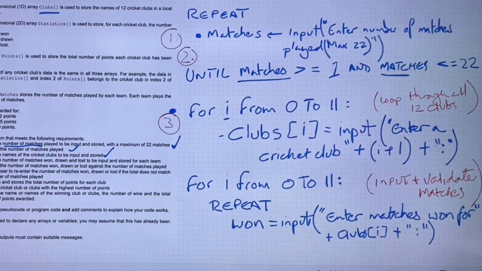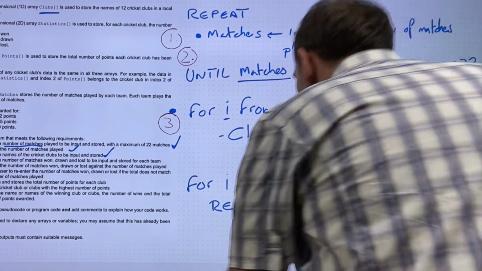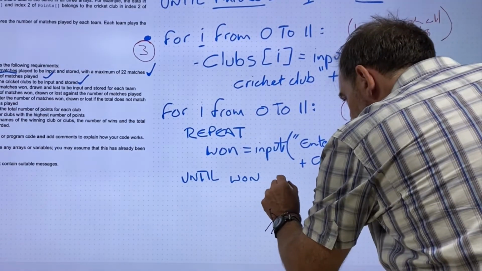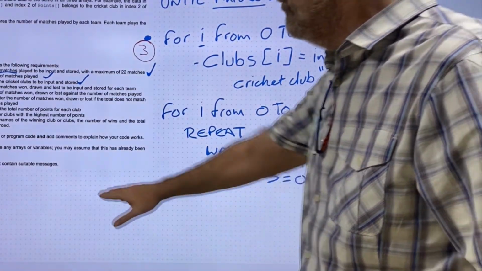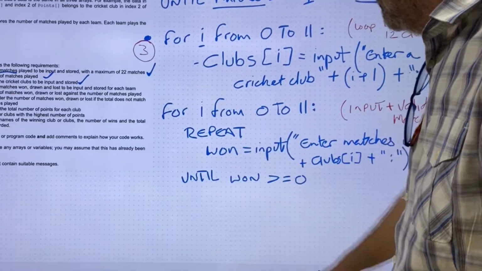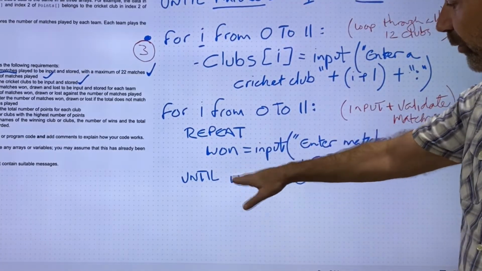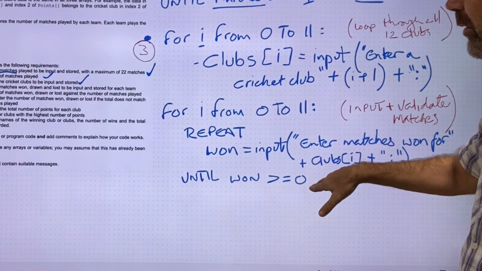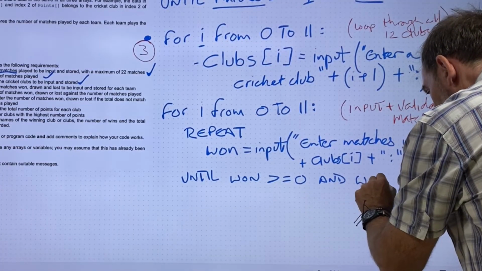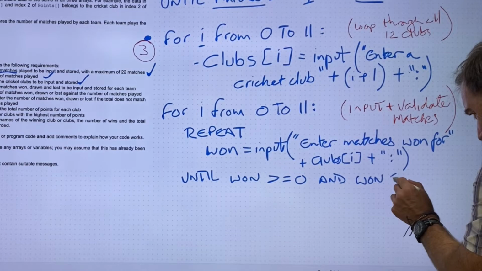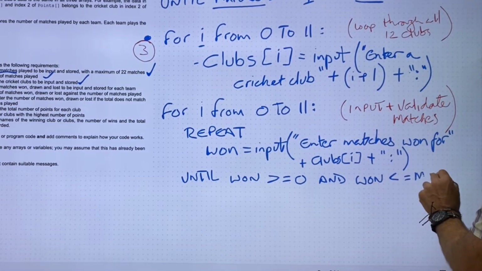Okay, so it's going to repeat until what? Until 1 is greater or equal to 0. Okay, this is sort of validating number of matches won, lost, and played. So repeat until 1 is greater than or equal to 0, and remember we've got to use 1 again. 1 is less than or equal to matches.